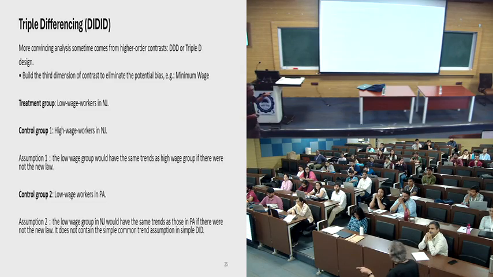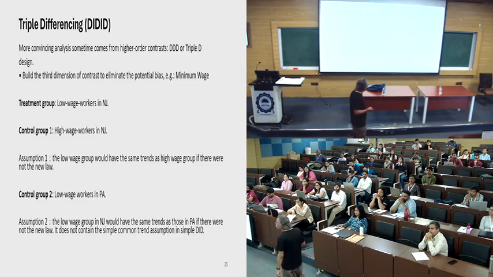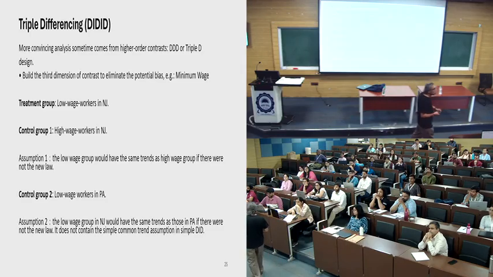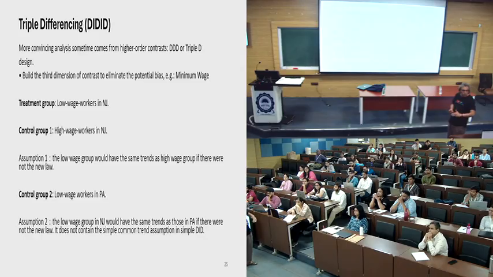The low wage group in New Jersey would have the same trend as those in PA if there were not the new law, because then they will go on the same path. Law happens, path changes. Clear? Intervention happens, jumps occur. Okay? It does not contain the simple common trend assumption in simple DID.